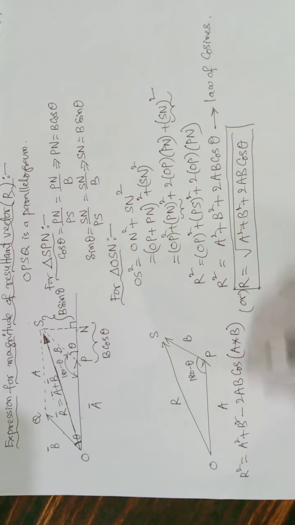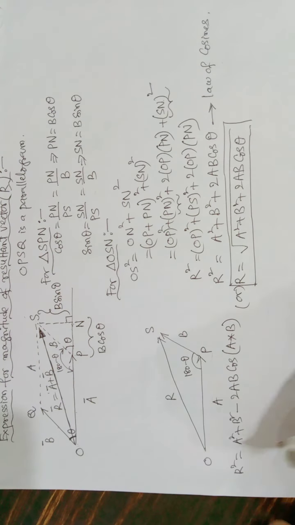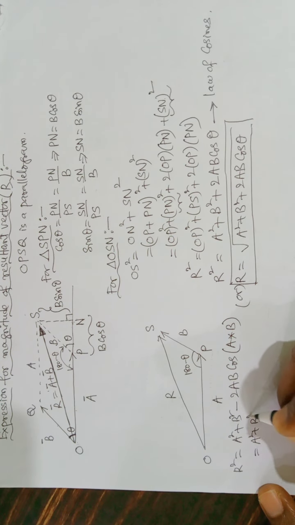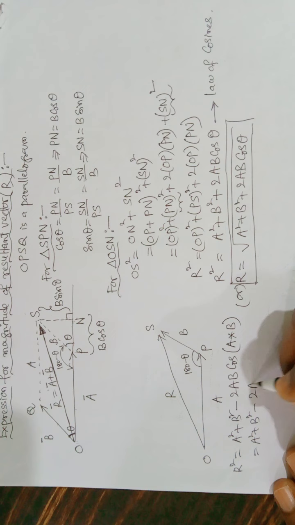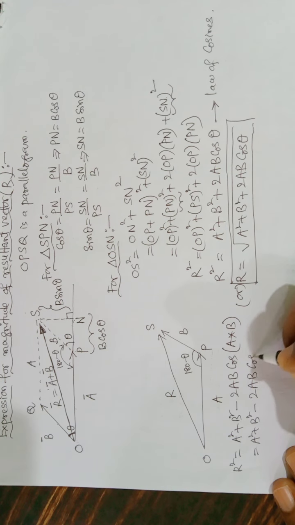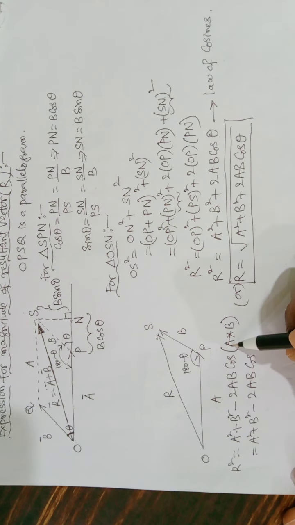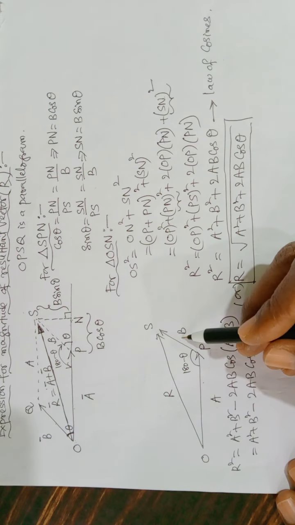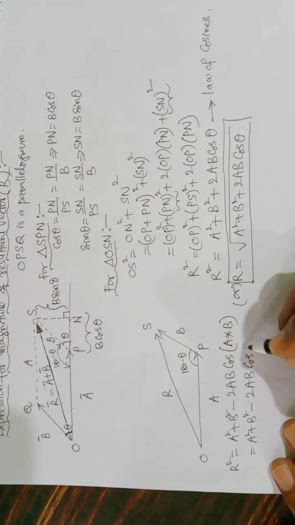This is the law of cosines. Now a square plus b square minus 2ab cos: what is the angle between a side and b side? This is a, this is b, and the angle between the two sides is 180 minus theta.